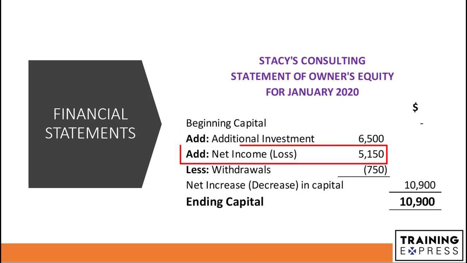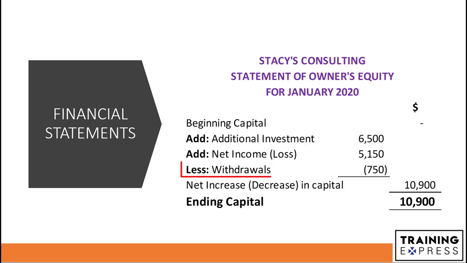Now we will add net income, which is coming from the previous financial statement. In the previous financial statement, net income or profit was $5,150. So we will be adding this profit to our investment during the current period.